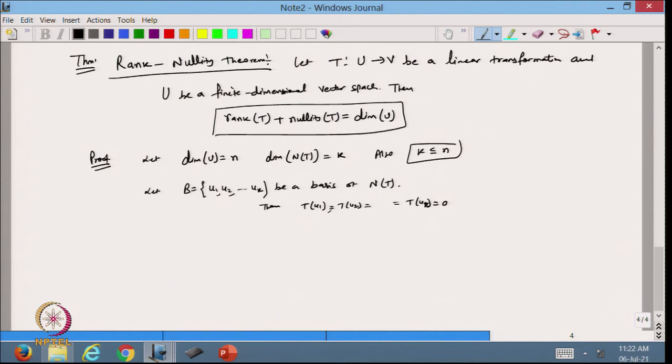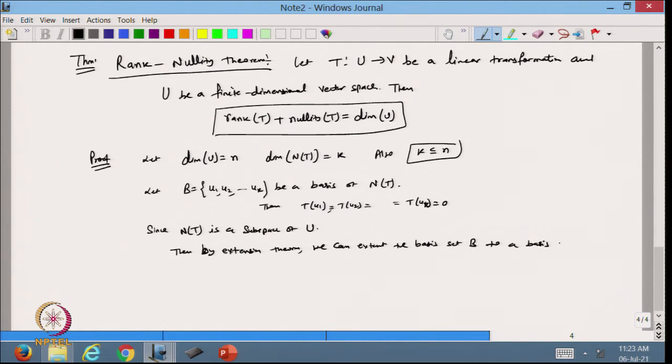Now, since NT is a subspace of vector space U, then by the extension theorem we can extend the basis set B, which is the basis of NT, to a basis of U. So, that we can do.